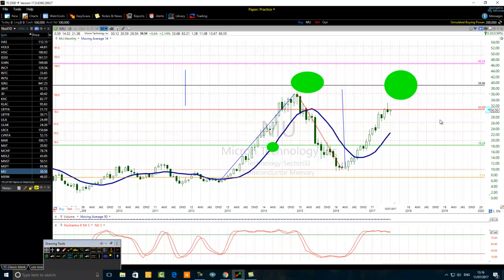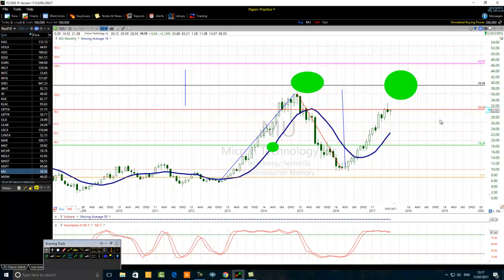The first secret about the moving average 14 is that the moving average 14 is the leading indicator for the moving average 20. That's the first secret. So we are using the moving average 14 to predict, or to have a better view of the moving average 20.